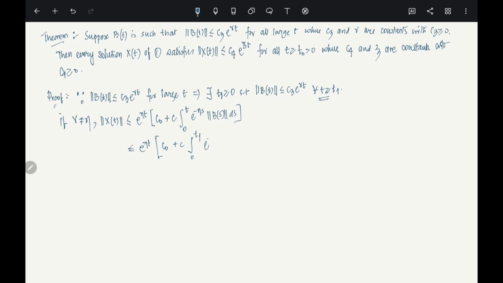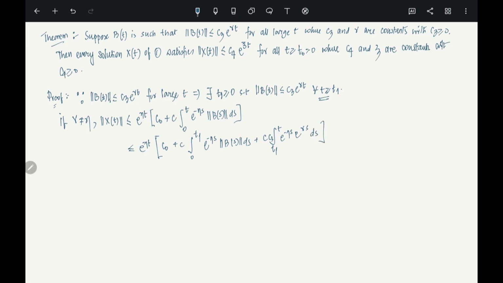In the second part, the norm of b(s) is bounded by c3 times e to the power eta s, so I'm just replacing it.